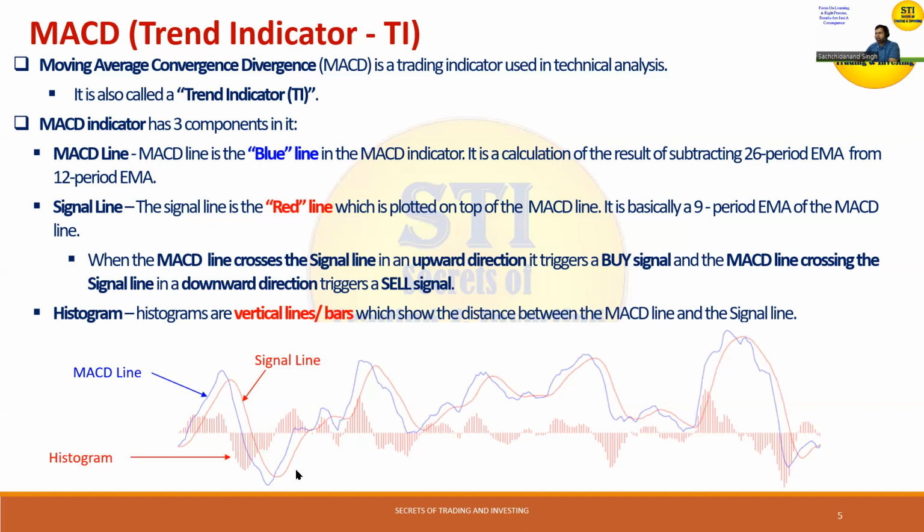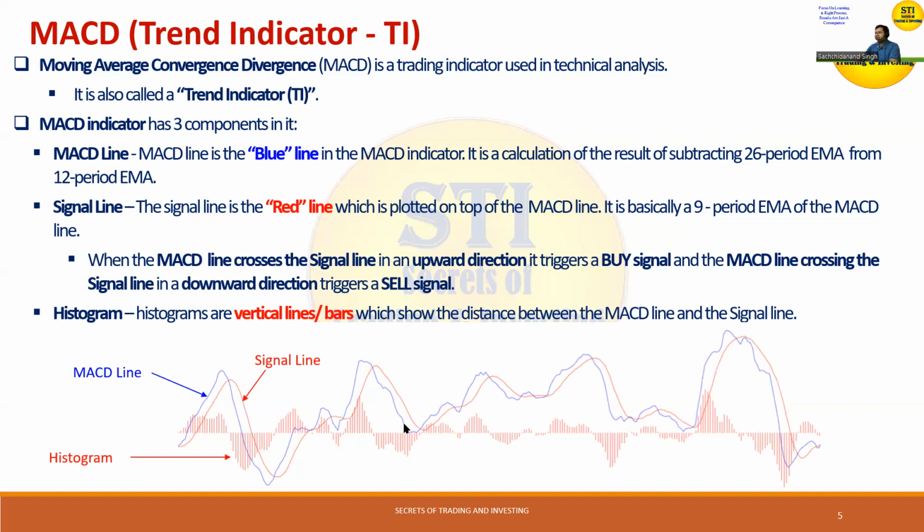In this example, at this level, the lowest level, the blue line crosses the red line in an upward direction, so it is typically treated as a buy signal. At this point and this point, there are similar examples where the blue line crosses the red line in a downward direction. It is a potential sell signal.